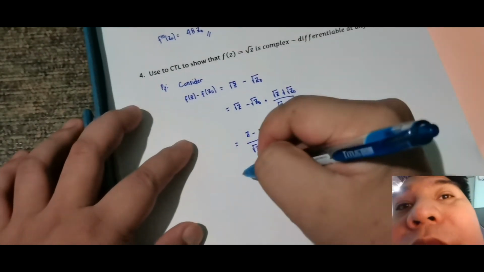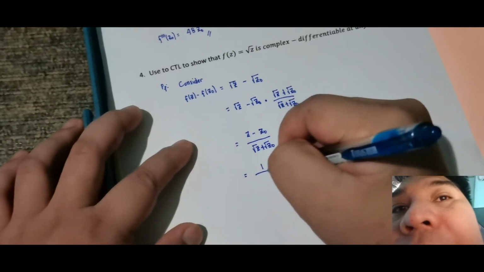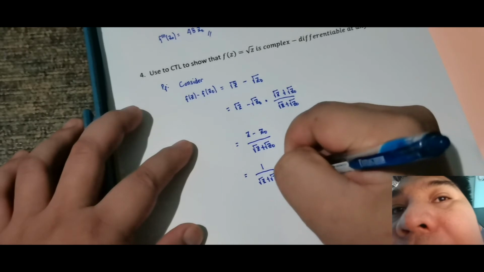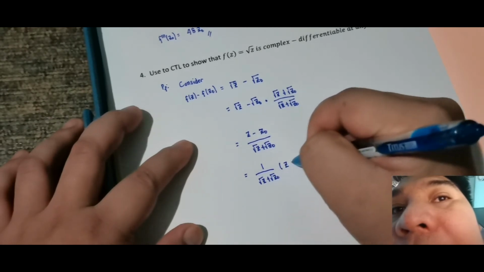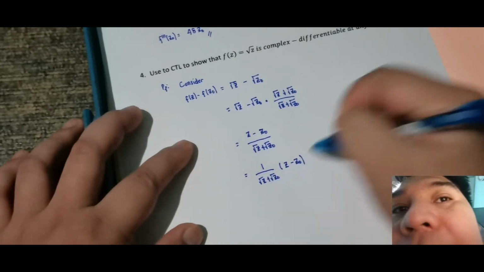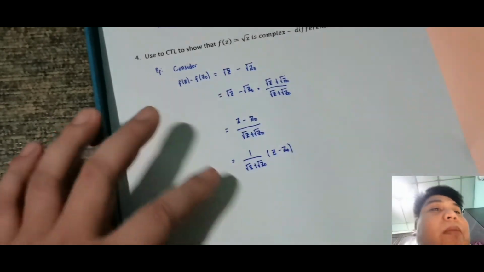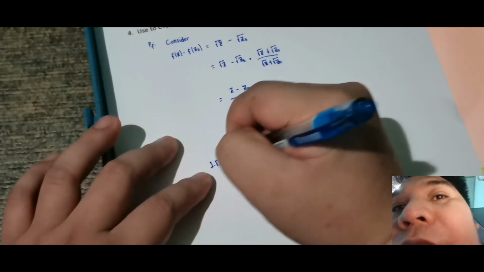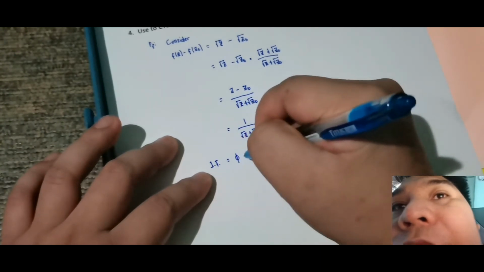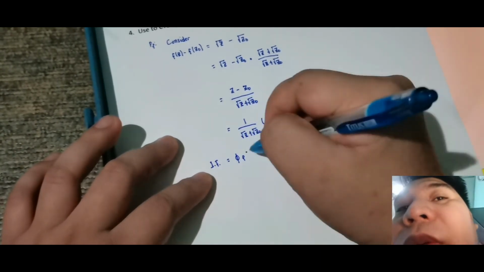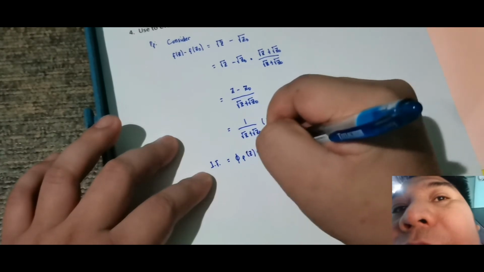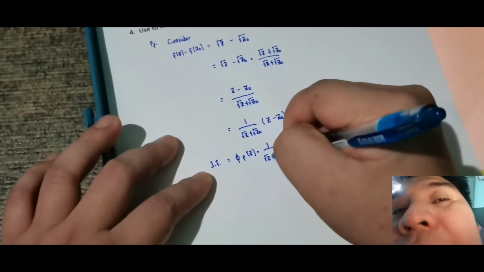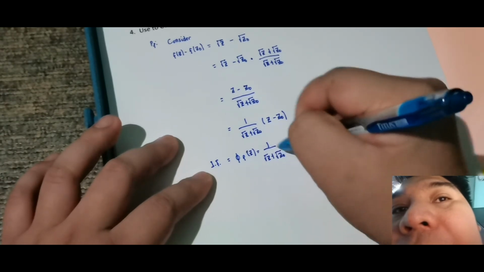Pag in-arrange ko lang, this is 1 over square root of z plus square root of z naught times z minus z naught. So ang obvious na ito yung ating increment function. So what is the increment function, which is equal sa phi of z is equal sa 1 over square root of z plus square root of z naught.